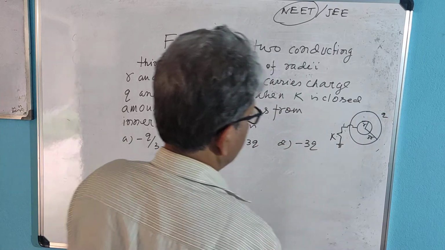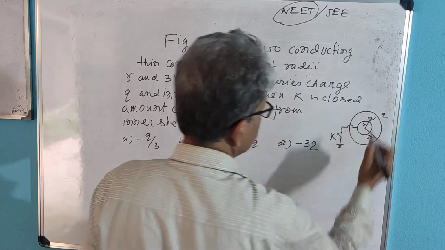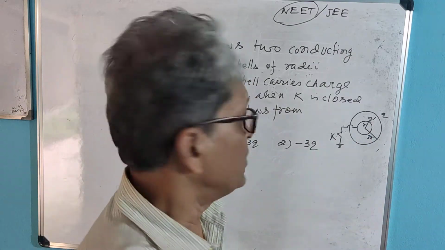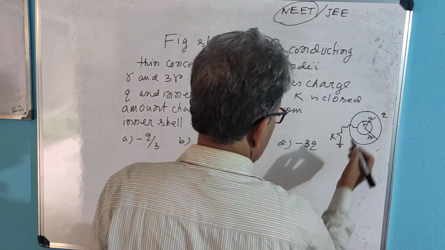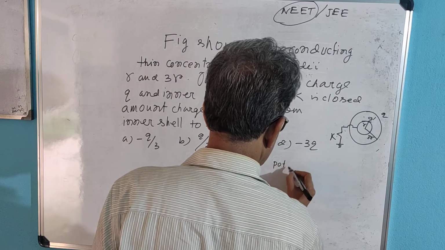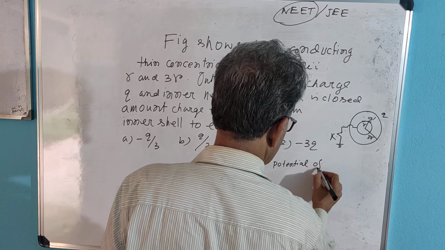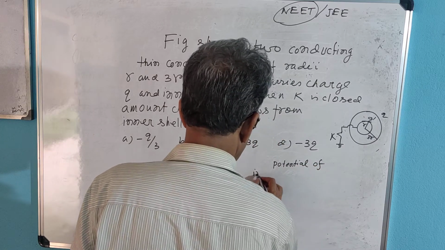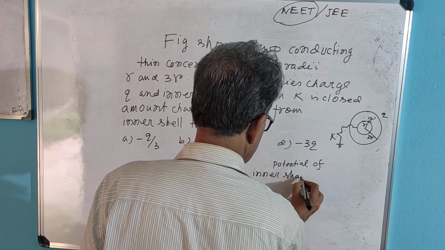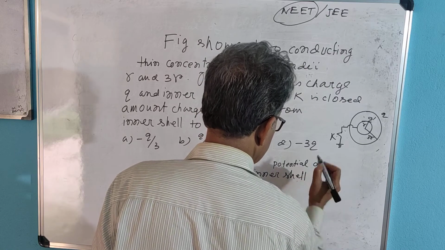After closing K, let the charge on the inner shell be Q dash. What will be the potential of the inner shell after closing K?